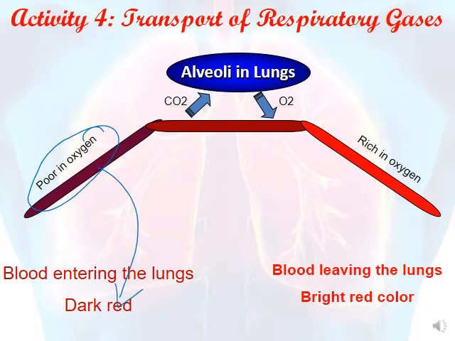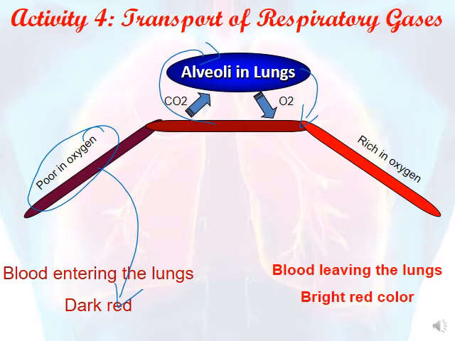At the level of the alveoli, we have diffusion. So oxygen gas diffuses from the lungs toward the blood, and carbon dioxide diffuses from the blood toward the lungs. How? Oxygen gas diffuses from the medium of high concentration of oxygen, which is the alveoli, to the medium of low concentration of oxygen, which is the blood.